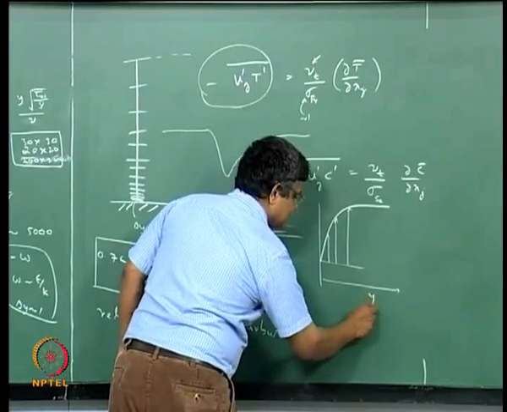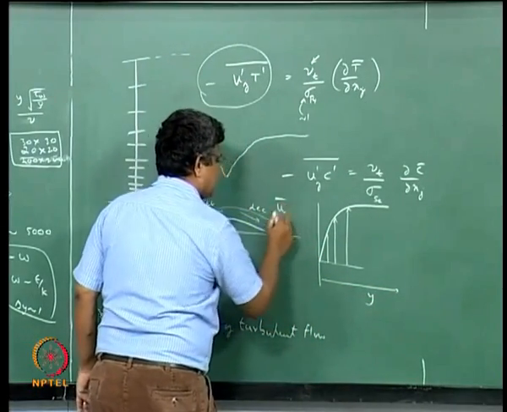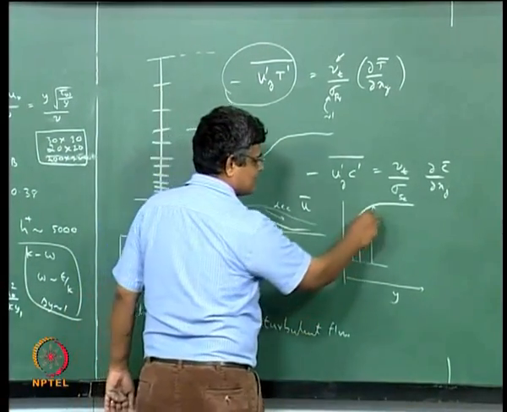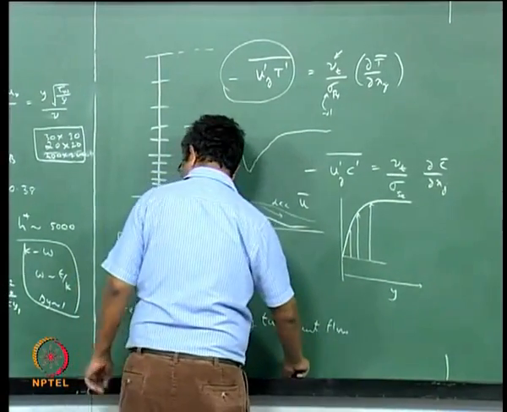So this is y here and this is the average velocity. This is the typical turbulent velocity profile.